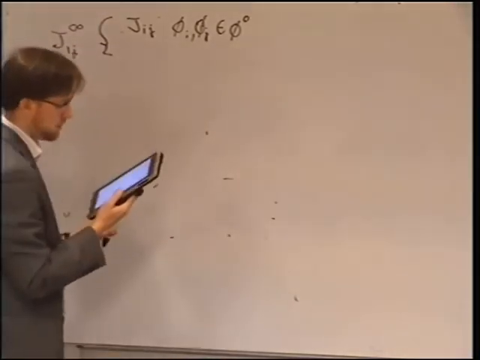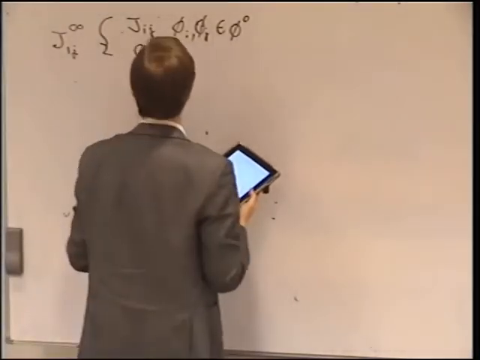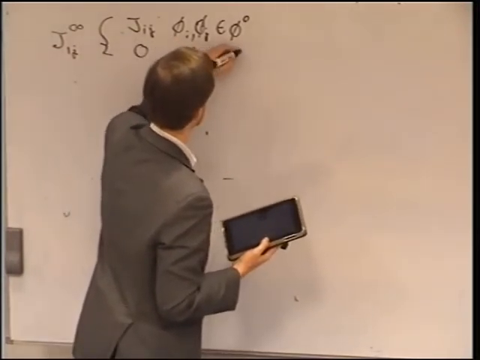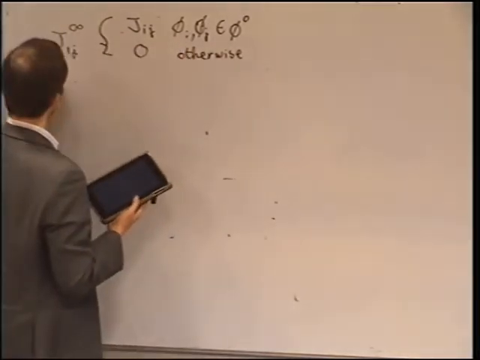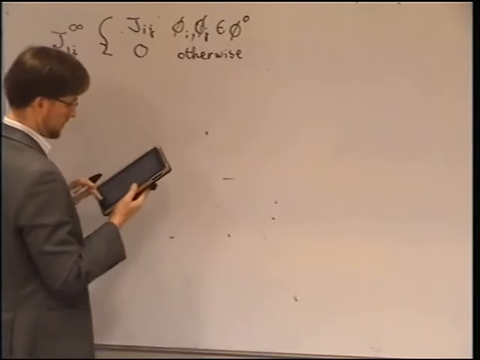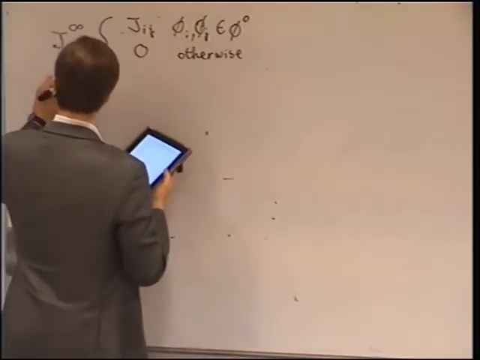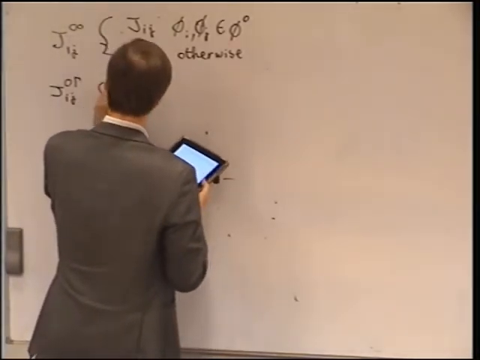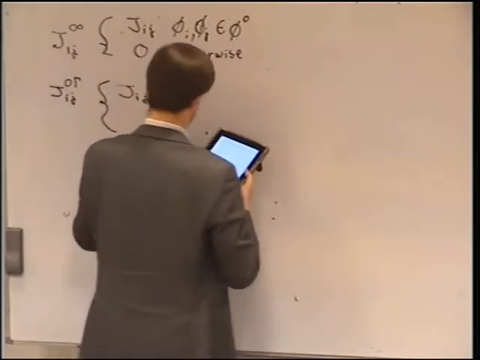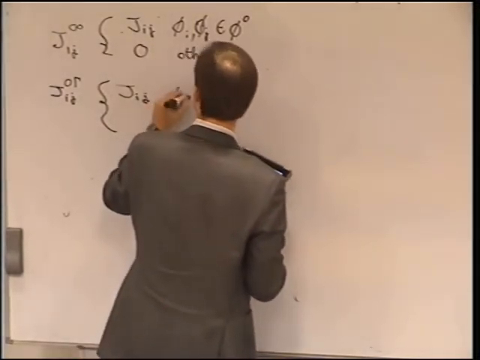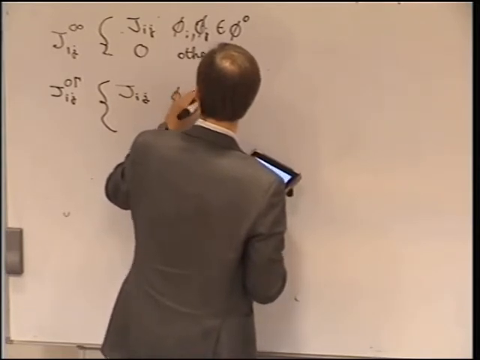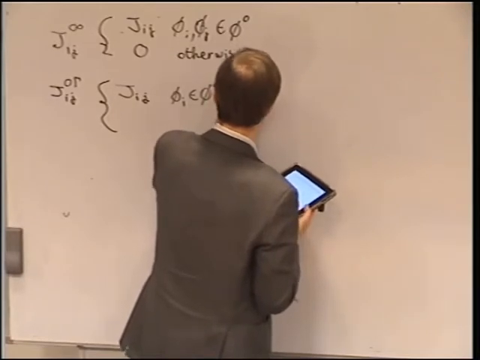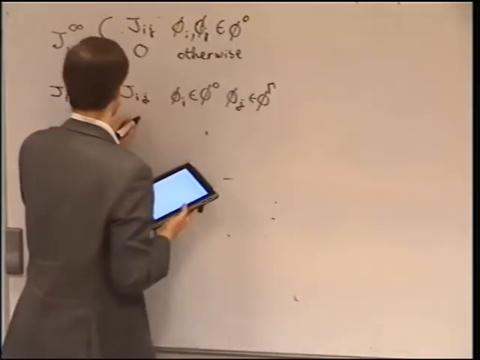So these guys are those ones. And it's going to be 0 otherwise. And similarly, J0gamma ij is the one which is Jij when phi i is in the non-Dirichlet boundary part and phi j is in the Dirichlet boundary part, and 0 otherwise.